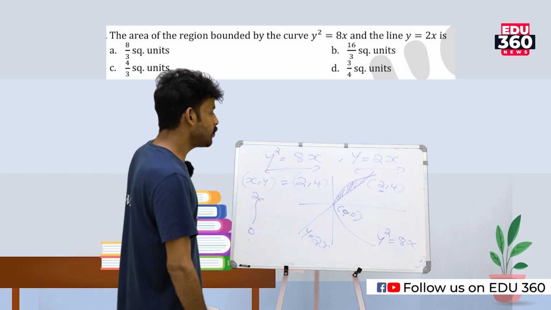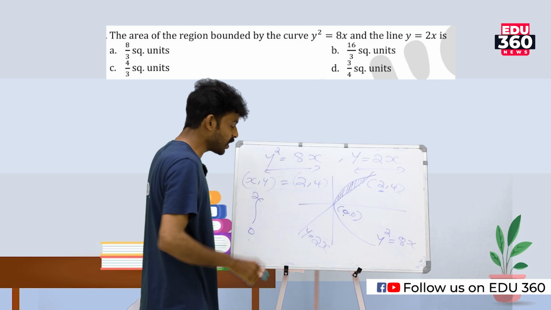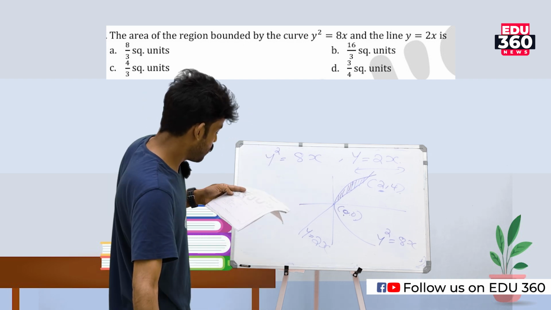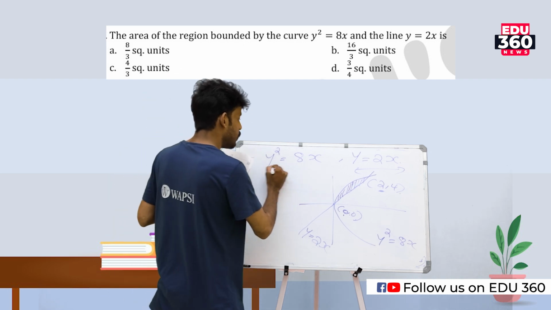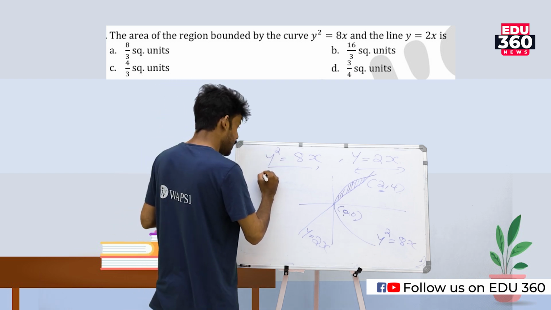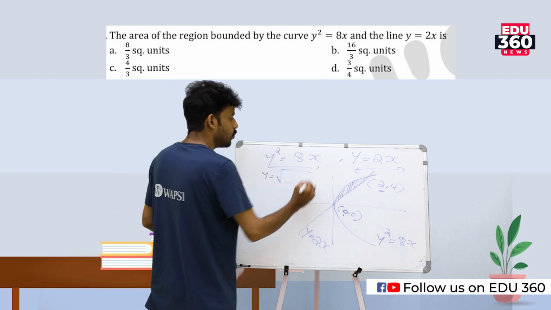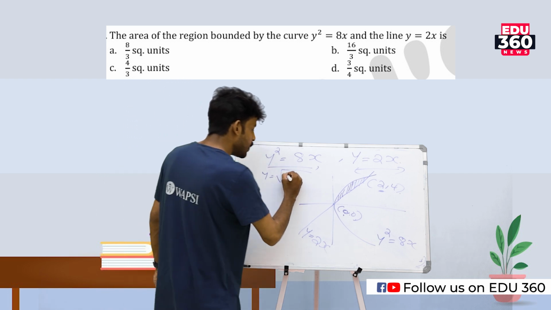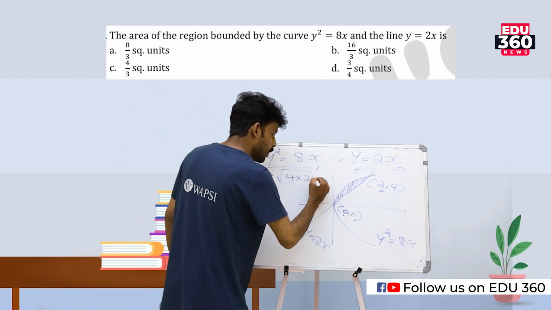From here, what about y? We can write y square is equal to 8x. So that means y is equal to root of 8x, which is root of 4 into 2 into x.